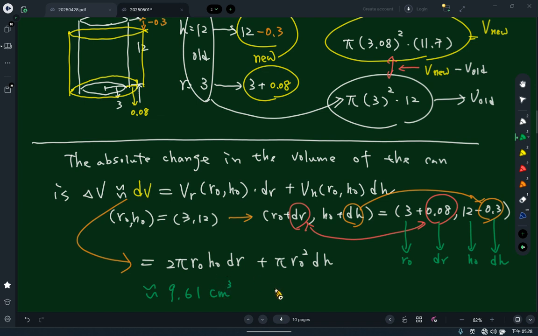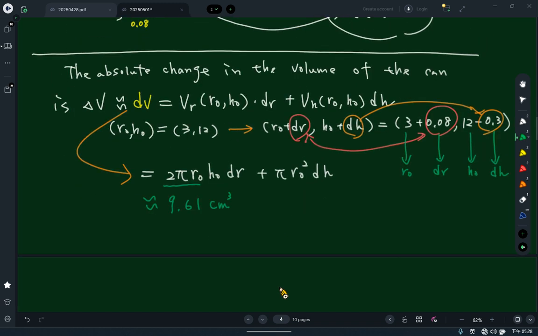So why can we get this? This is easy, right? Since V is equal to pi r squared h, we can regard V as a function of r and h.